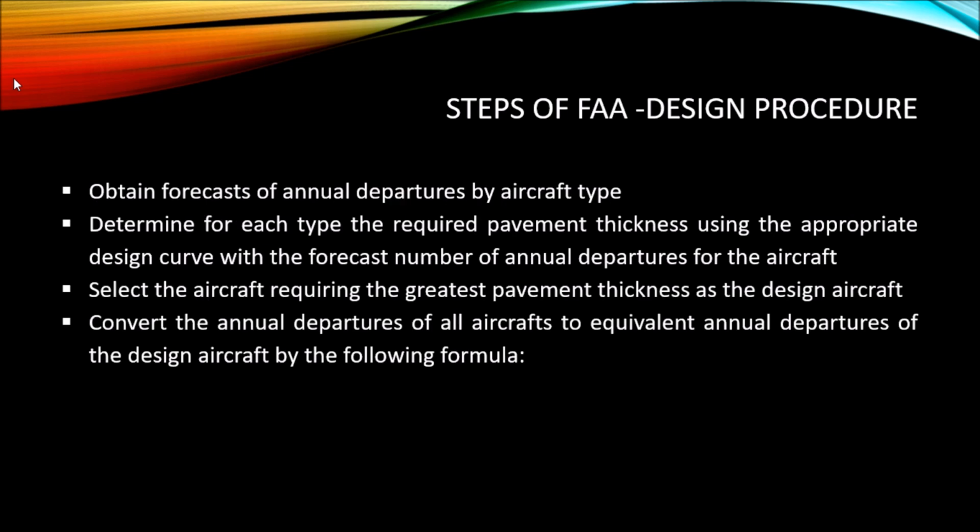Next, we look at the steps of the FAA design procedure. The first thing is to obtain a forecast of the annual departures by aircraft type. The second is to determine for each type the required pavement thickness using the appropriate design curve with the forecast number of annual departures for the aircraft.